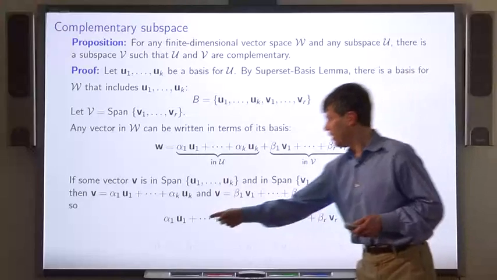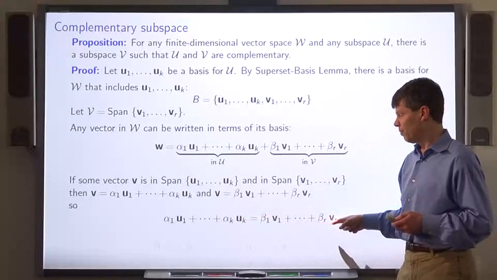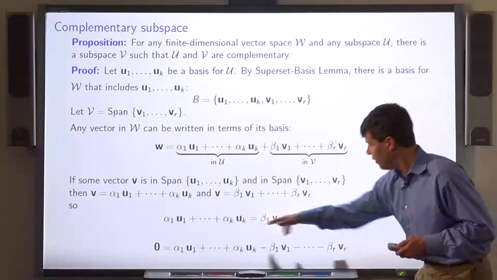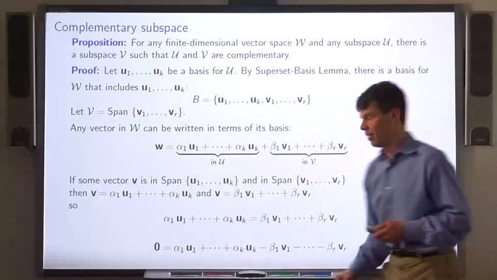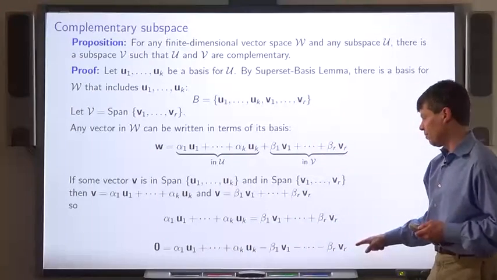That shows that these two linear combinations are equal. And moving these vectors to the other side, that shows that you can write the zero vector as this linear combination.